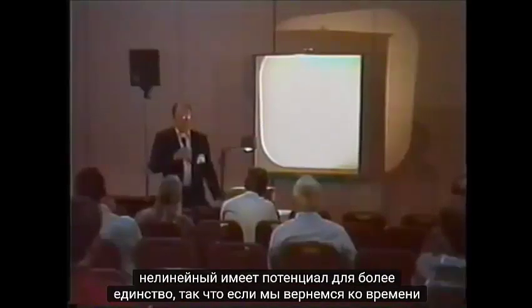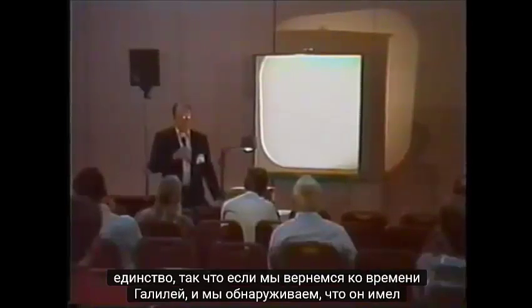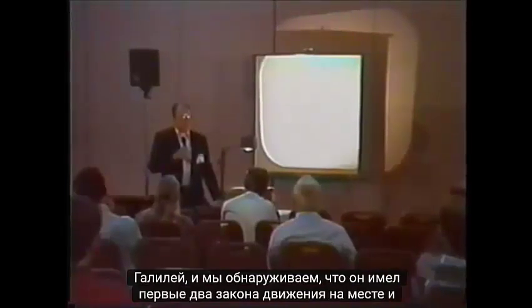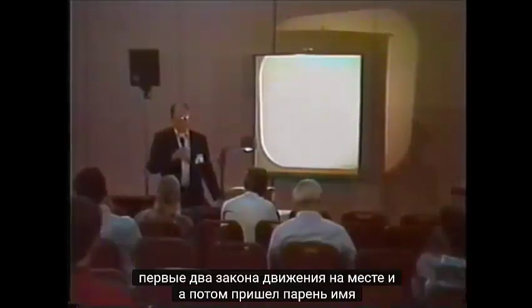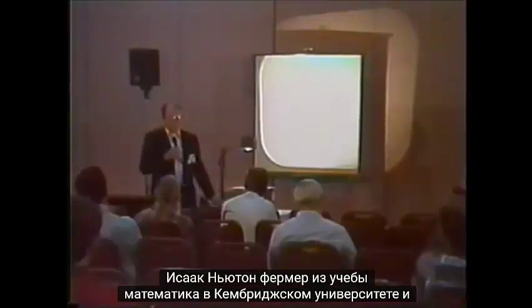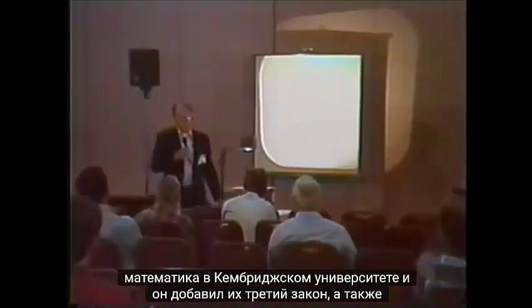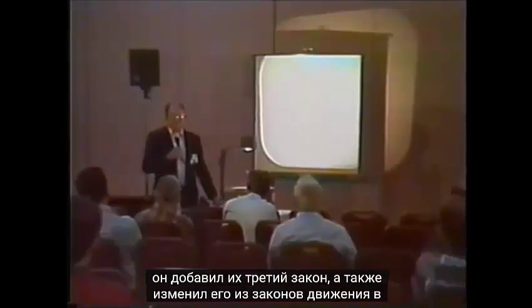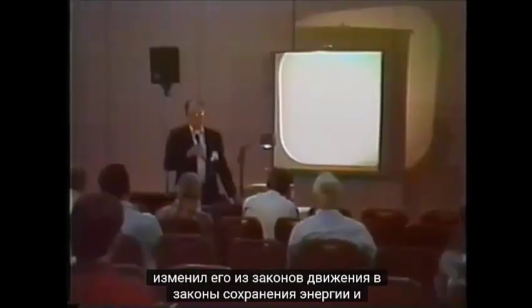If we go back to the time of Galileo, he had the first two laws of motion in place, and along later came a fellow by the name of Isaac Newton, a farm boy who went on to study mathematics at Cambridge University, and he added the third law and also changed it from the laws of motion to the conservation of energy laws.